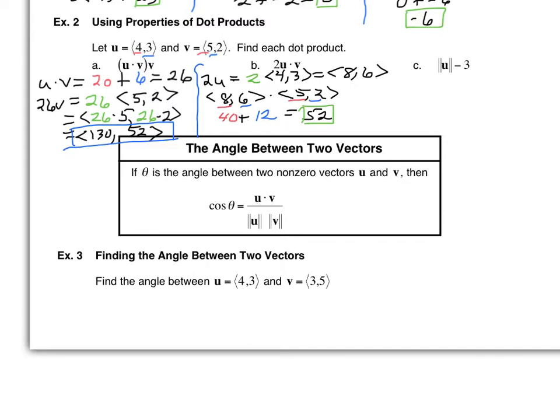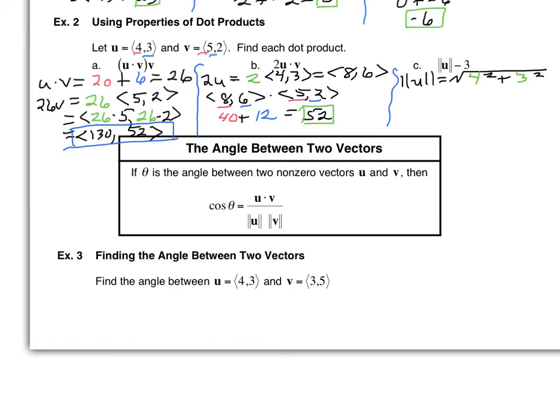And then for C, this time they want the magnitude of u. And so again, that's going back to 6, 1. So the magnitude of u is equal to the square root of the x of u is 4, and the y for u is 3.